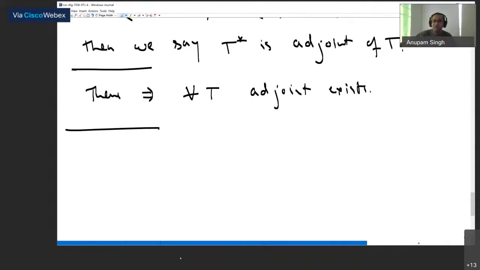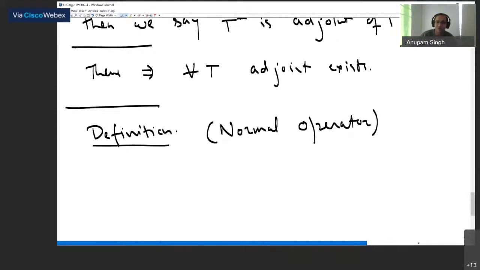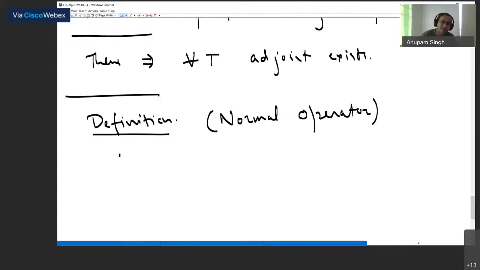All right, so this is how I define the adjoint. Now we are ready to define what is called a normal operator. So, definition of normal operator. The definition of a normal operator looks a bit strange at first sight.